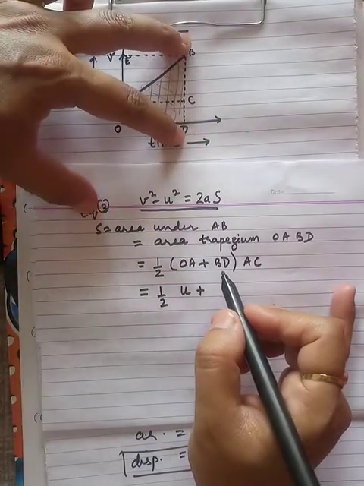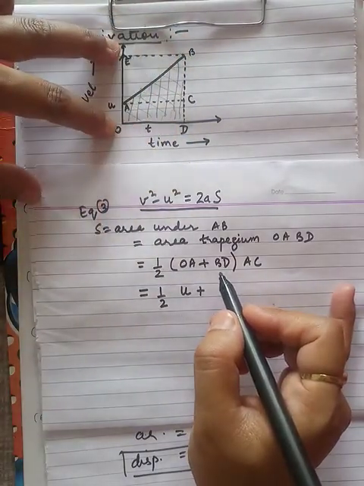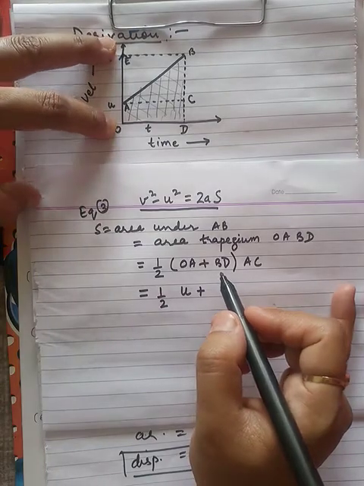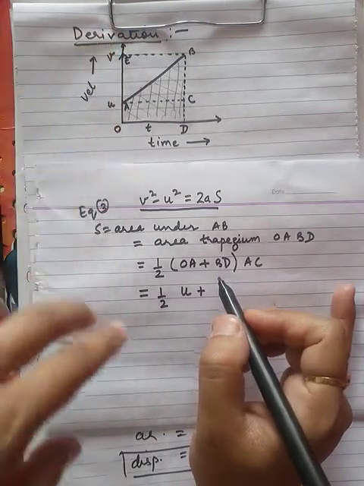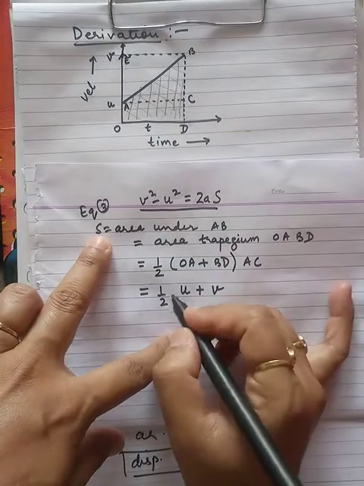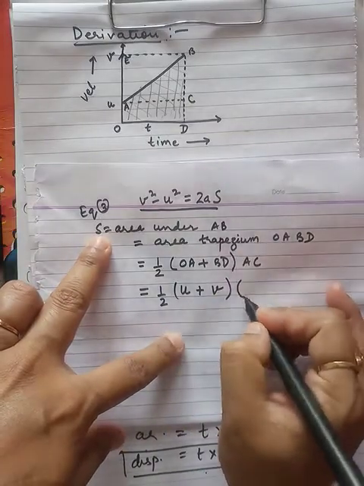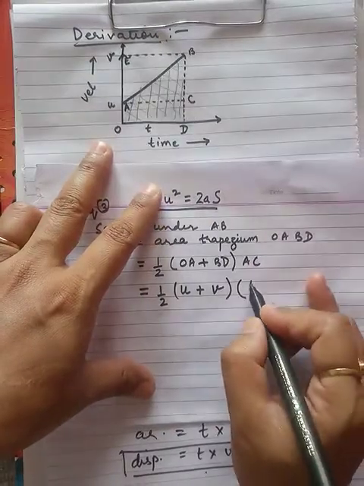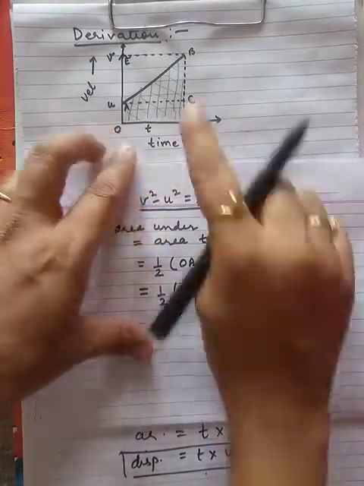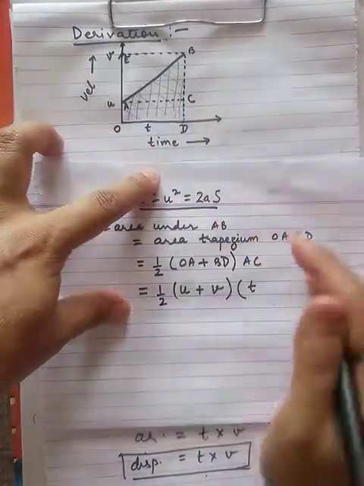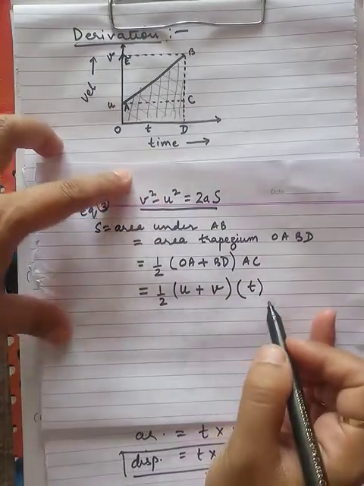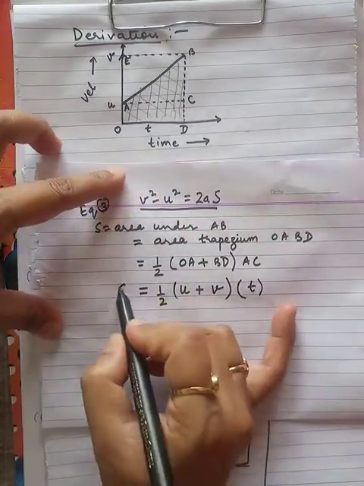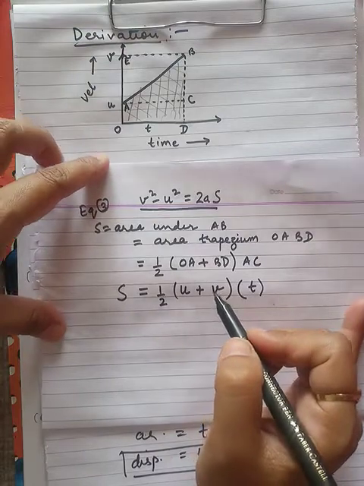BD is equivalent to OE, and OE is nothing but v. So it is v. What is AC now? AC will be t itself. AC is equivalent to OD, and OD is nothing but t. Now this is S.